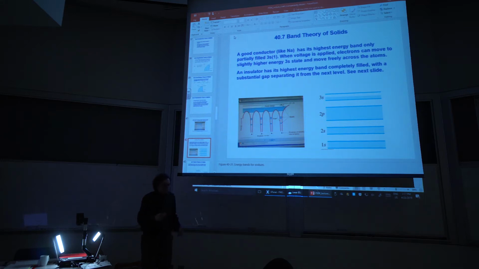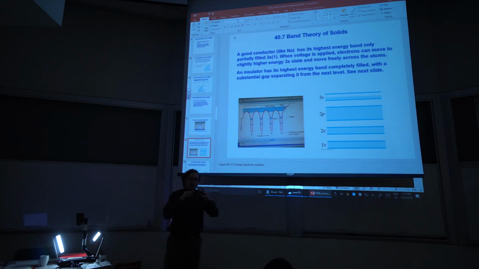Now notice that because we're dealing with a solid, we don't just have a single energy with the 1s, a single energy with the 2s, a single energy with the 2p, etc. But we get the band structure. The band structure is basically a duplication of this that says if you're looking at the energy levels within a solid, it's not the same as a single atom.